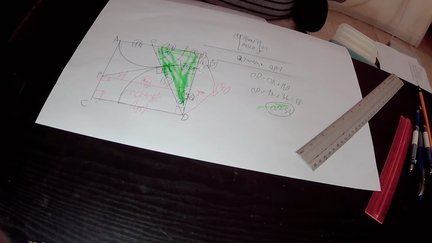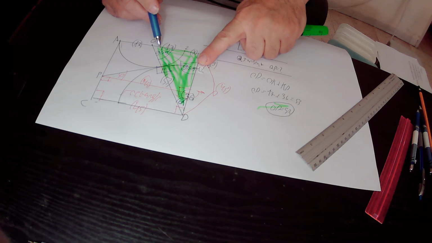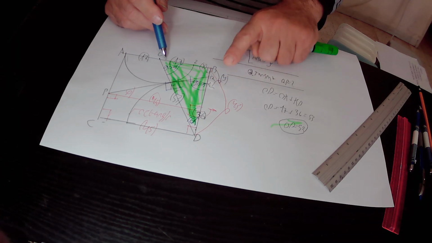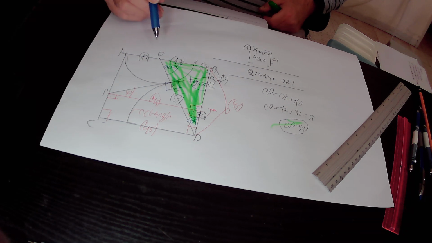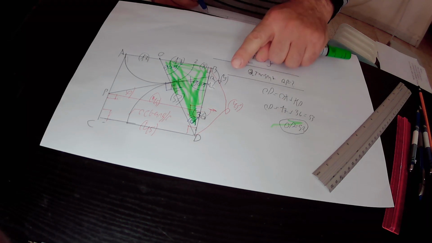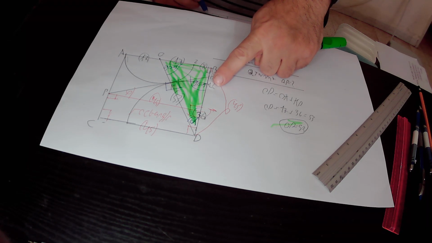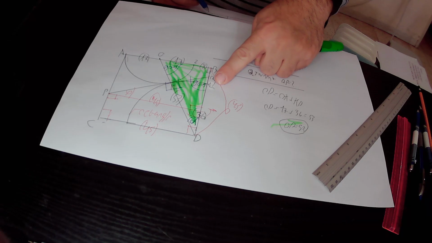And finally, those two angles are both equal to 90 degrees minus alpha, and therefore they are equal to each other. So here this is angle BOD in the green triangle OBD, and it is equal to this angle, this is angle PQT in the right triangle PQT.